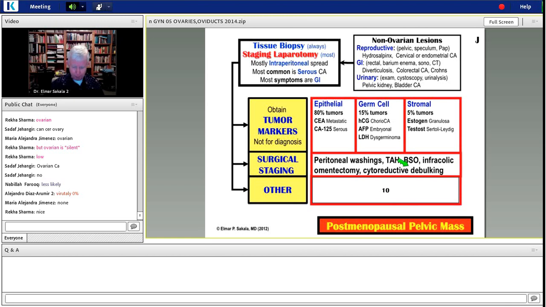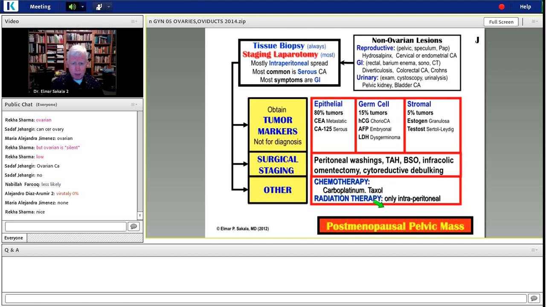Therapy. What is a chemotherapy? Here we've got the two agents, which you should know. Carboplatinum is one, and Taxol. And beyond that, I don't think you need to know. Radiation therapy is not usually used with ovarian cancer because you're going to have to give whole abdomen radiation.